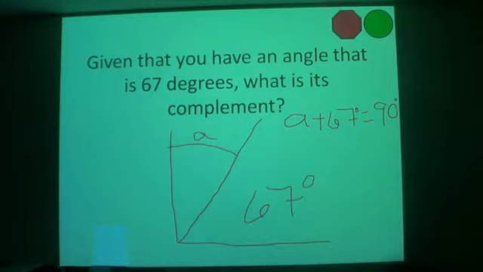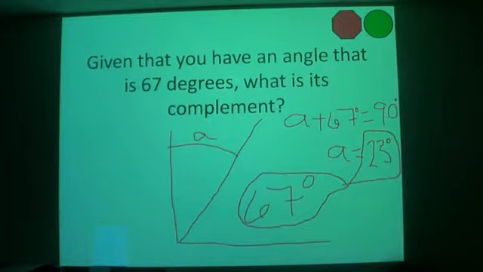So we take a look at this and we say, all right, A plus 67 equals 90 degrees. I subtract 67 degrees from each side, and that means A equals 23 degrees. So the complement of 67 degrees is 23 degrees.